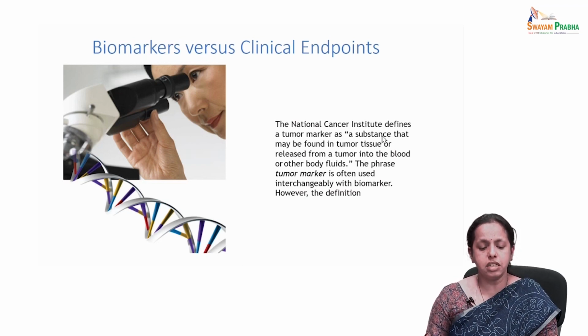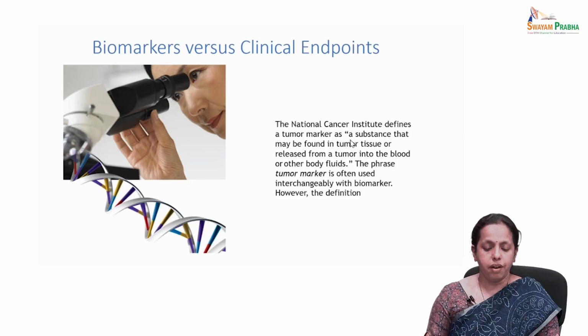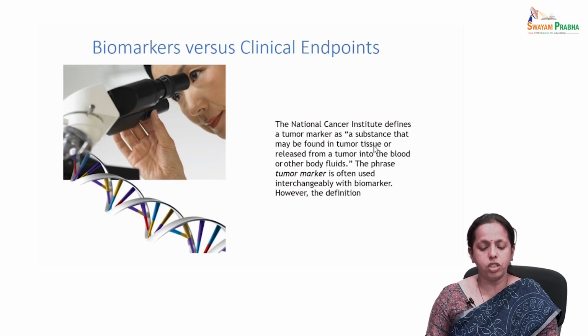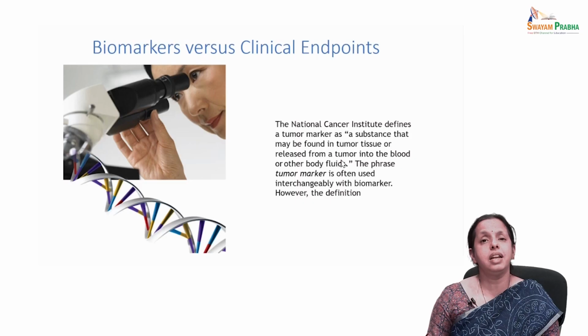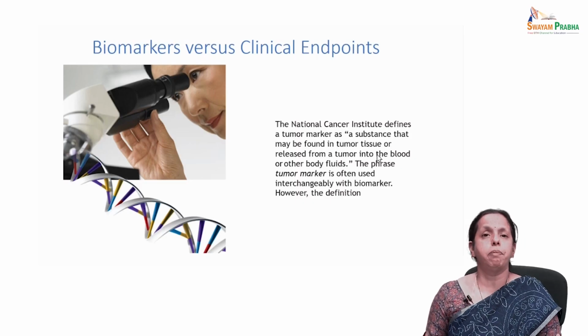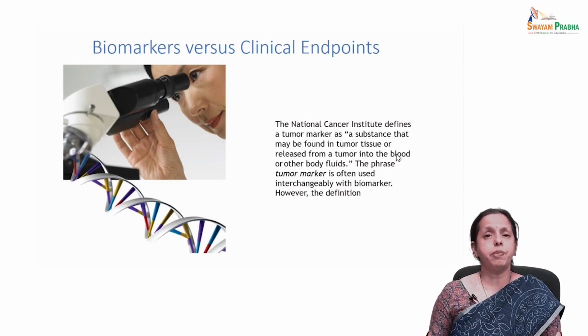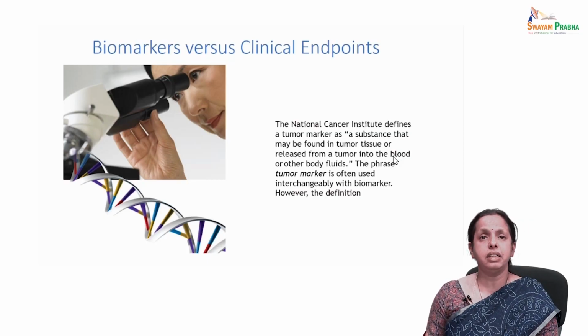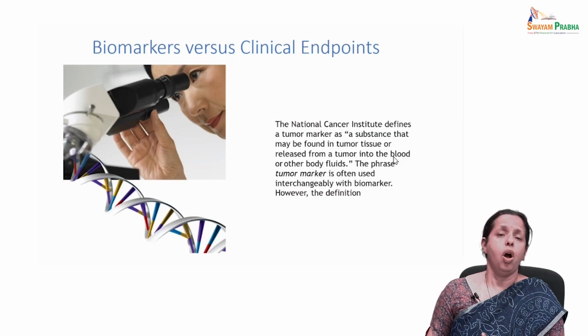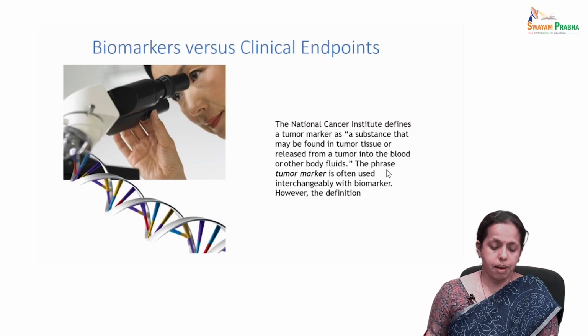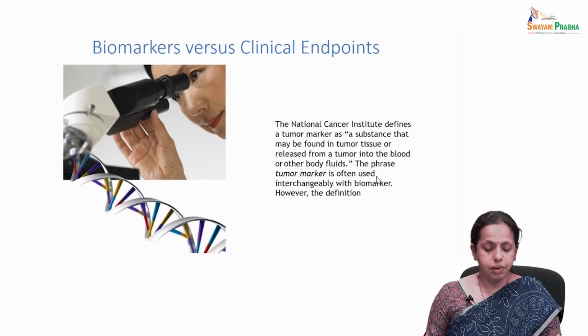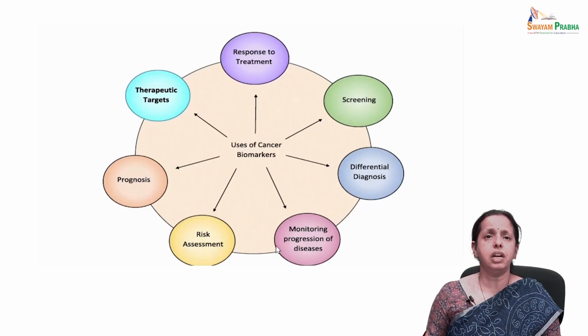The National Cancer Institute defines a tumor marker as a substance that may be found in tumor or tissue or which is released from the tumor into the blood. So, you assay for this particular biomarker either in the blood or directly from the tissue or in any other body fluid, for example, your urine samples. This definition is very proper, as given by the National Cancer Institute.